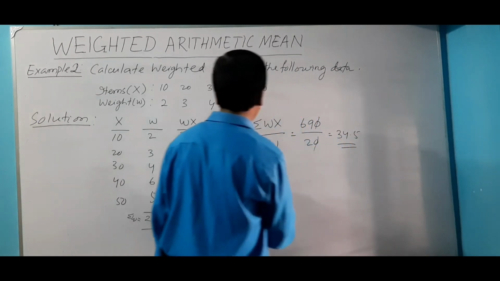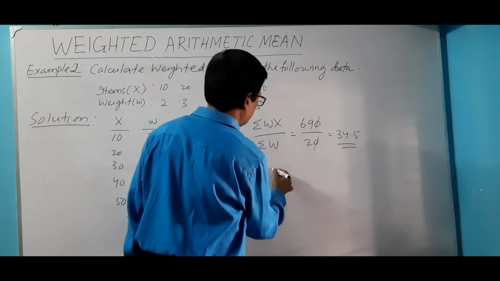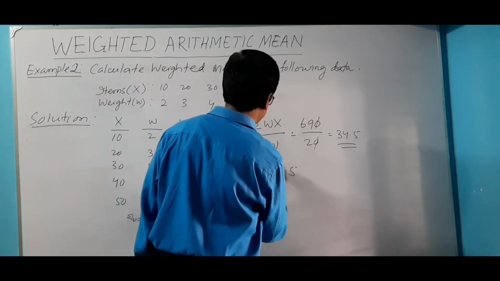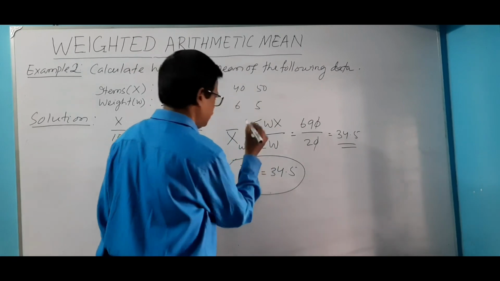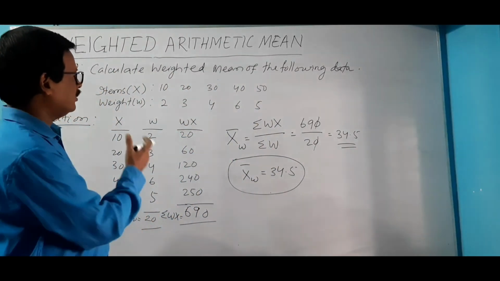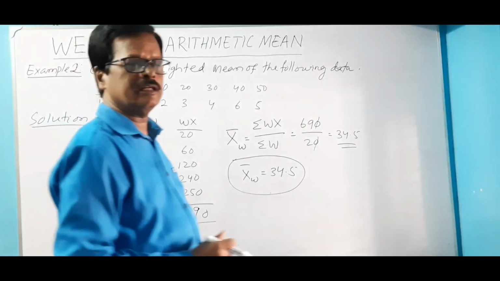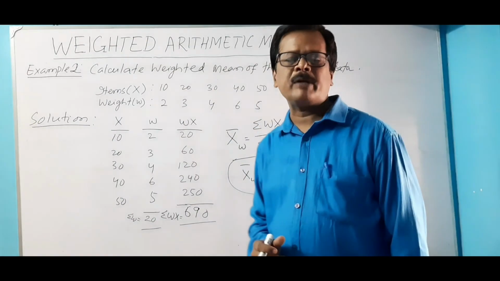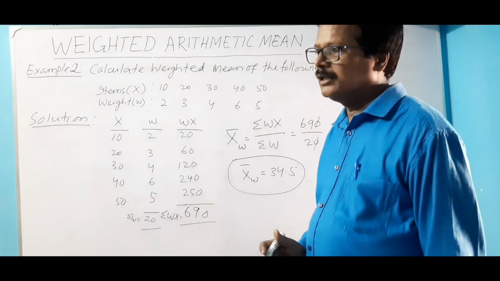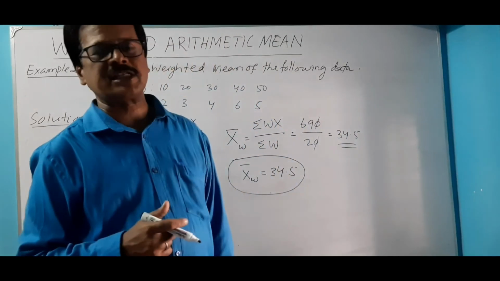So X W bar is equal to 34.5. That is the answer. So here we have discussed how to calculate the weighted arithmetic mean of a particular series. Note it down. Thank you, and we will meet in our next class.